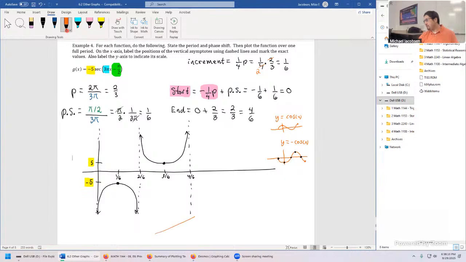We mentioned this before, but a follow-up question to this could be, how many solutions does -5 secant 3 pi x minus pi over 2 have between 0 less than or equal to x less than or equal to 4/6, or 2/3 if we reduce that. Let's reduce it here.